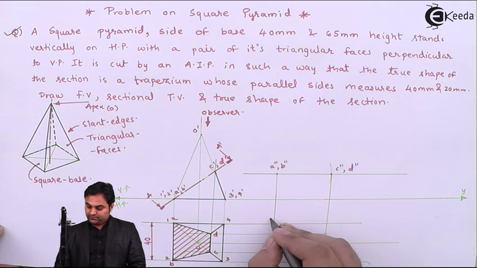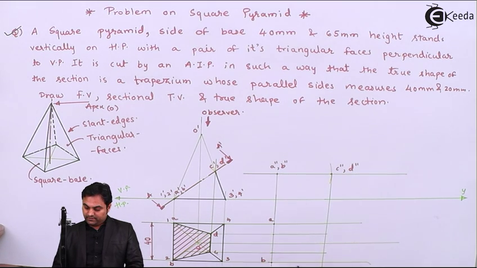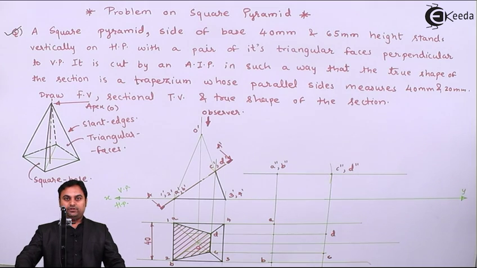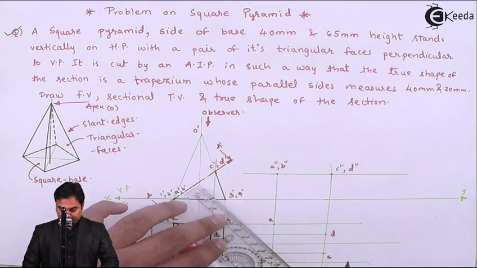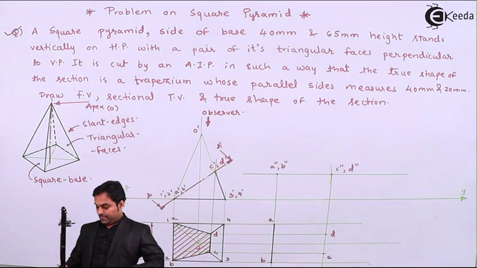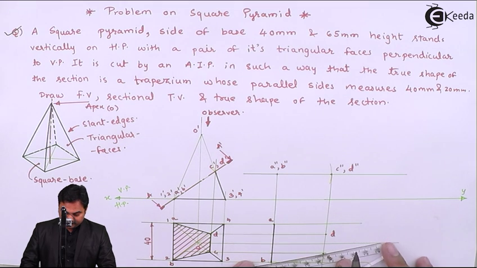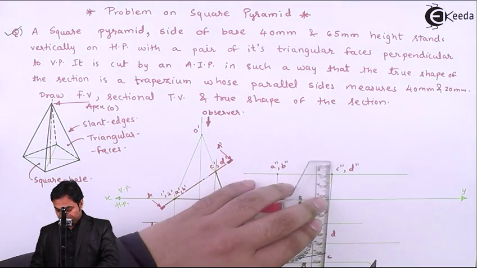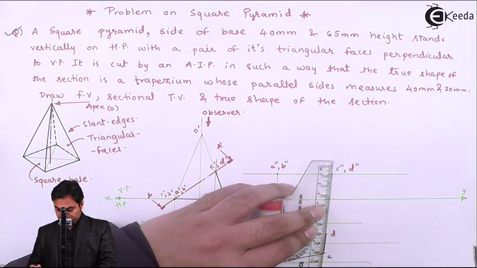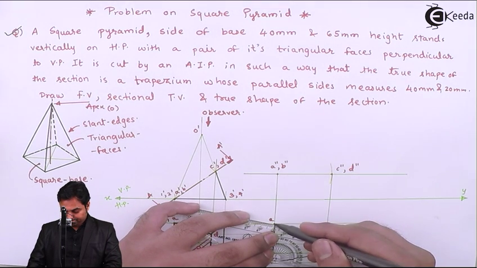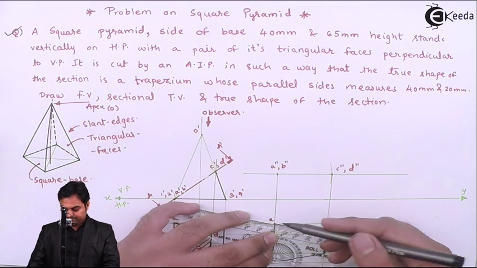Here is point A, B, point C and point D, joining them in the proper sequence. A to B connected. Next B to C will be connected. C to D, and finally A to D will be connected.